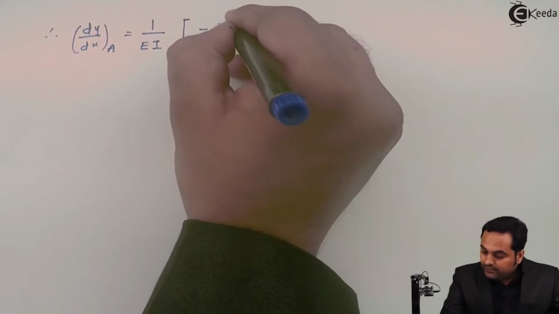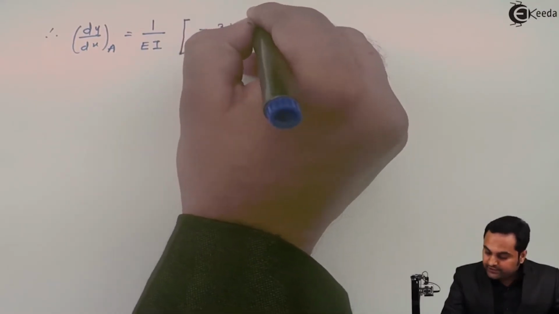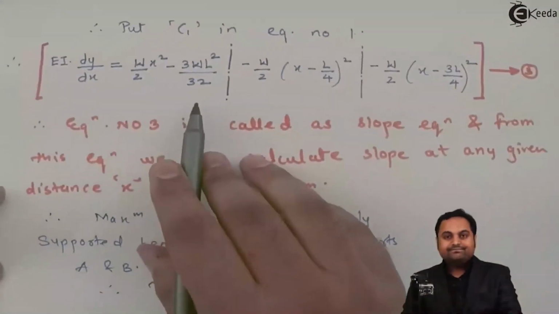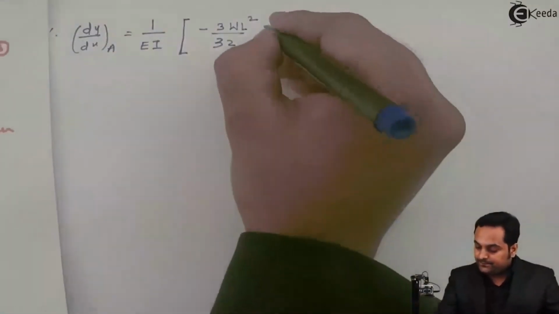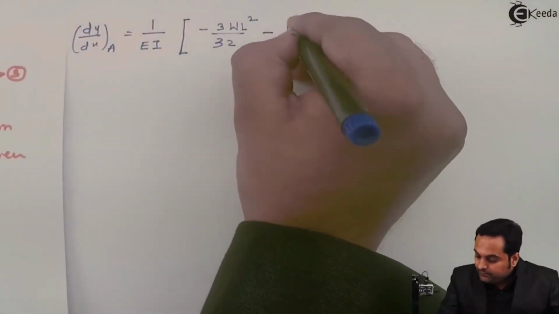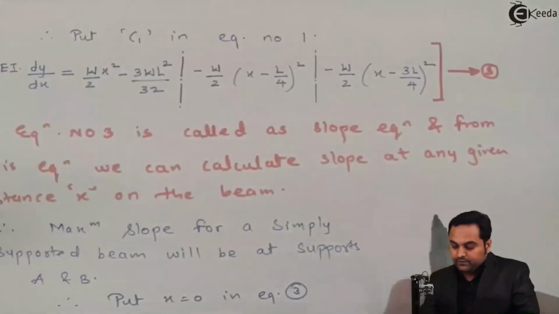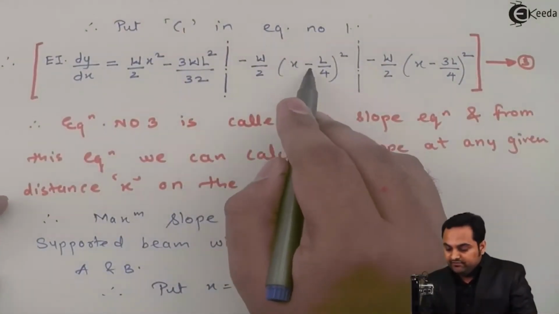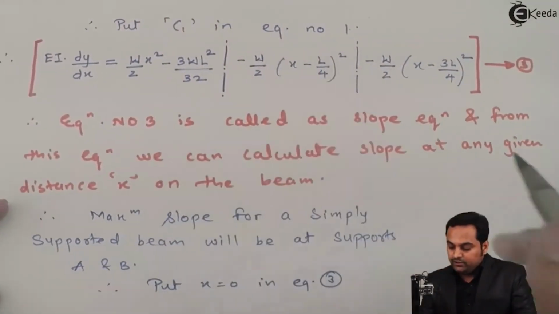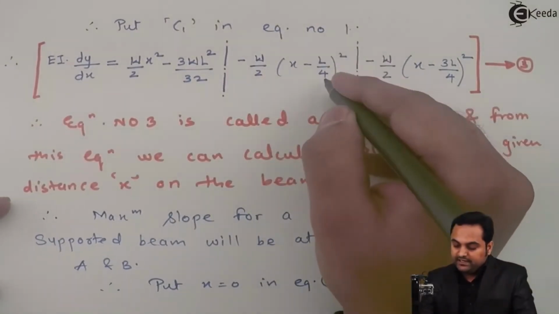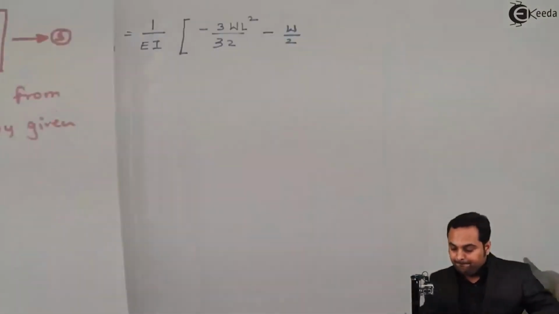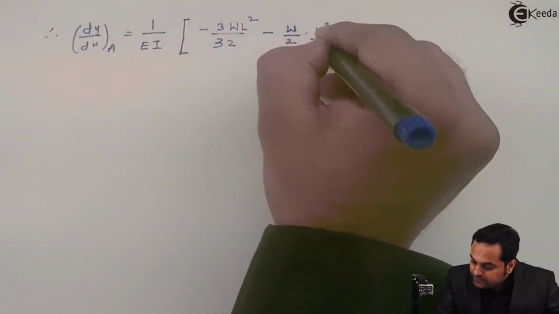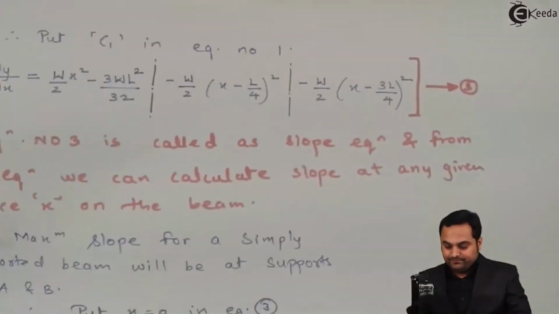into WL cube, L square, it is WL square. Next minus W by 2. Now x, if I put 0, here I have minus L by 4 square. So that becomes L square by 16. L square by 16.